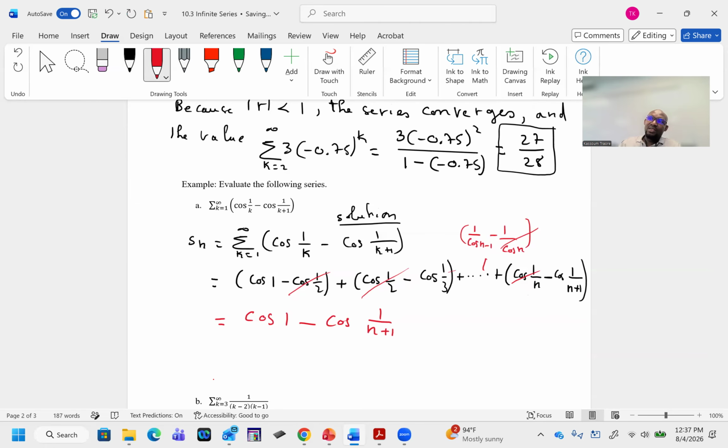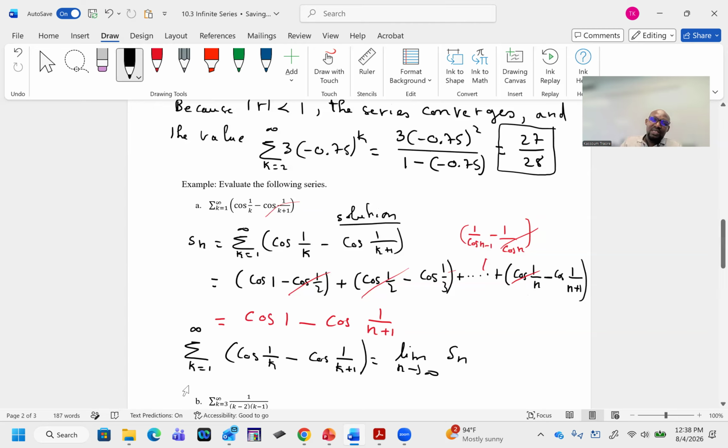So we can say the sum from k equals 1 to infinity of cosine of 1 divided by k minus cosine of 1 divided by k plus 1 is equal to the limit of Sn as n approaches infinity.